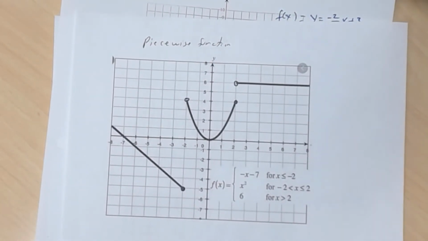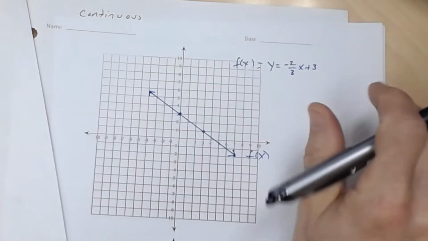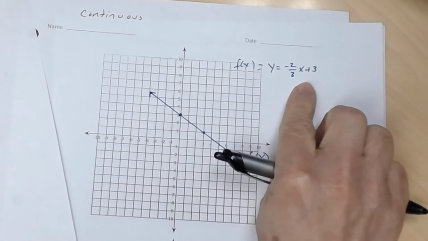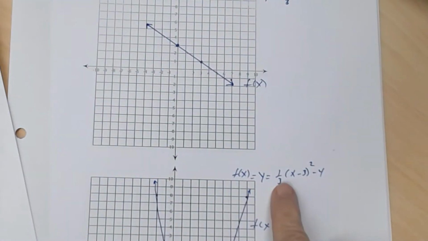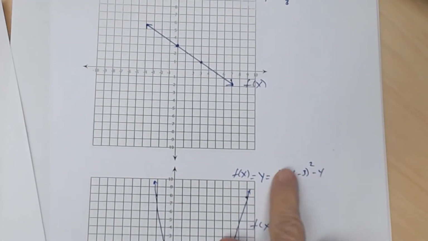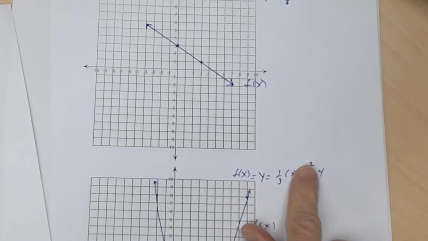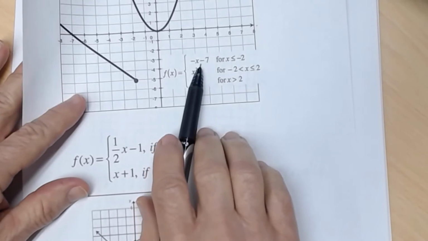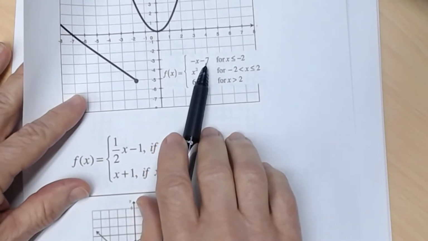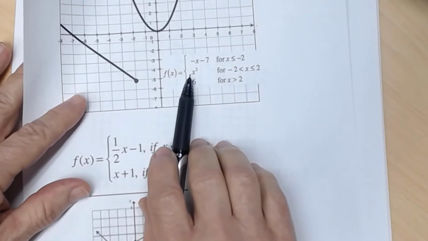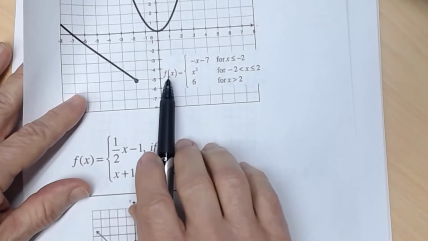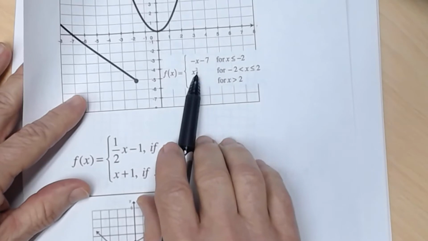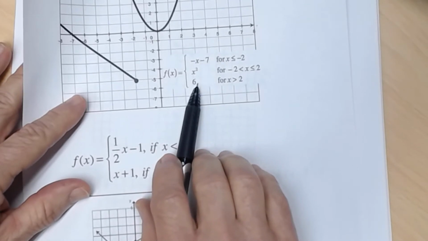You see how this was f of x equals just one expression, negative 2/3 x plus 3, and over here f of x is equal to just one quadratic expression. Notice this: f of x equals negative x minus 7, or f of x could be x squared, or f of x could be 6. That's three different functions if you think about it.